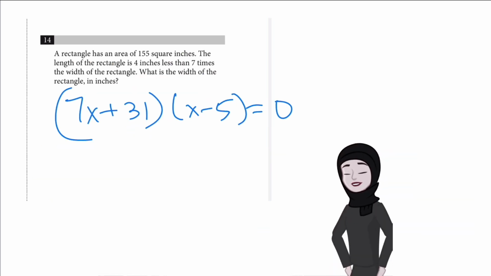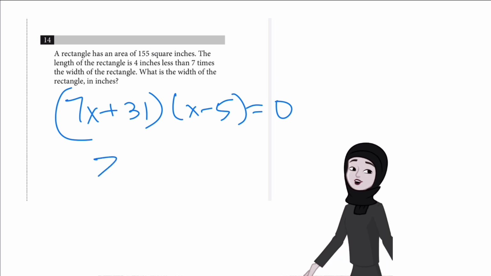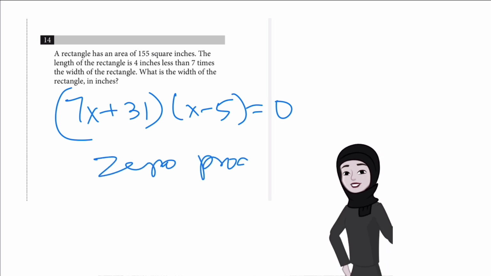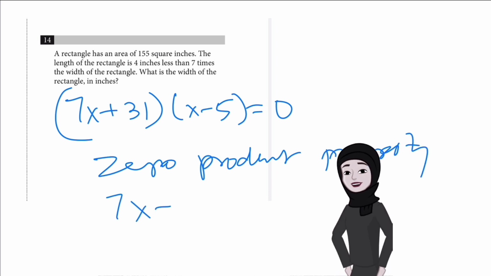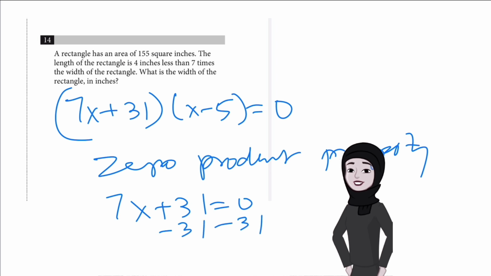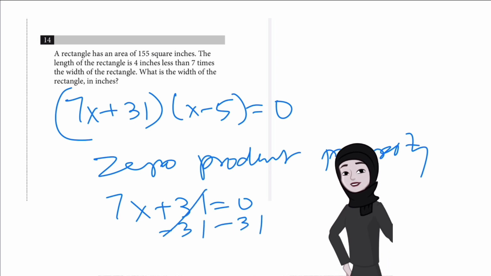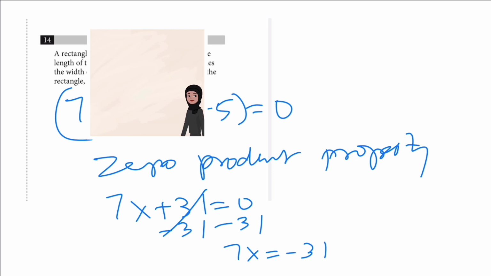So factoring the left hand side of this equation yields 7x plus 31 times x minus 5 is equal to 0. And we will apply the zero product property. Either 7x plus 31 is equal to 0, and when we solve this, subtract 31 on both sides. So we will have 7x is equal to minus 31, and after you divide by 7 on both sides, x is equal to minus 31 divided by 7.